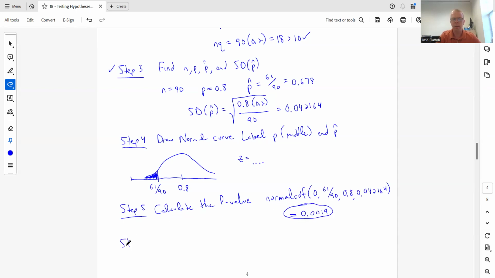And now step 6, and we're going to talk in a later chapter about what would be considered a small p-value or not. In this chapter, it may state on the homework, it may specify use this as a cutoff, but otherwise, if it doesn't state, we're going to assume that 5% is the cutoff.